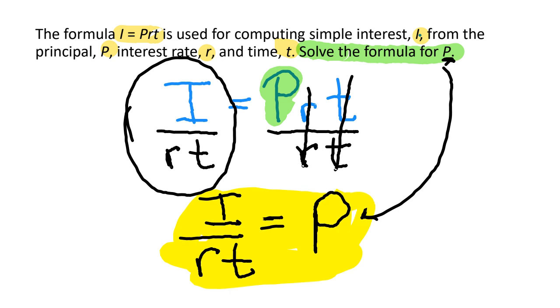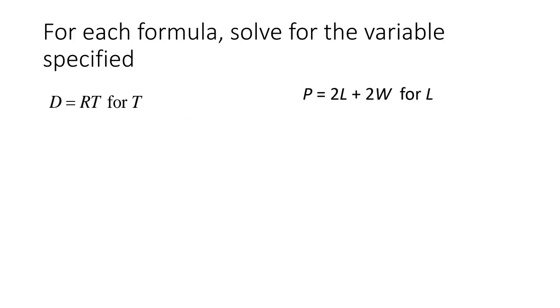Now, let's do a couple more. Okay, this one is saying solve for the indicated variable. Well, notice here the phrase for T. That means in the formula that has the capital D, the capital R, and the capital T, we want T by itself. Well, that means I've got to look and find out what operation put the R and the T together.